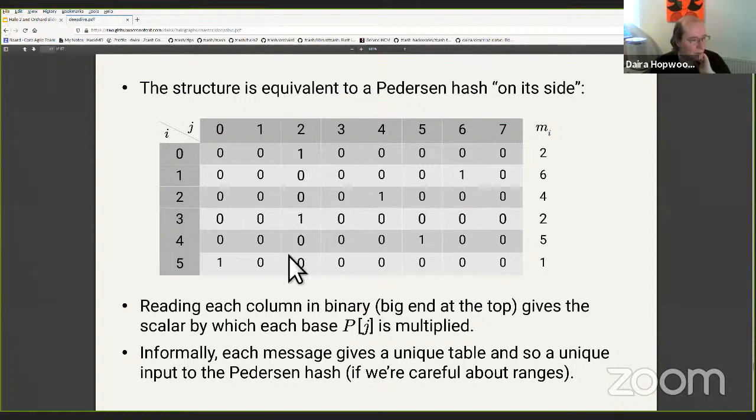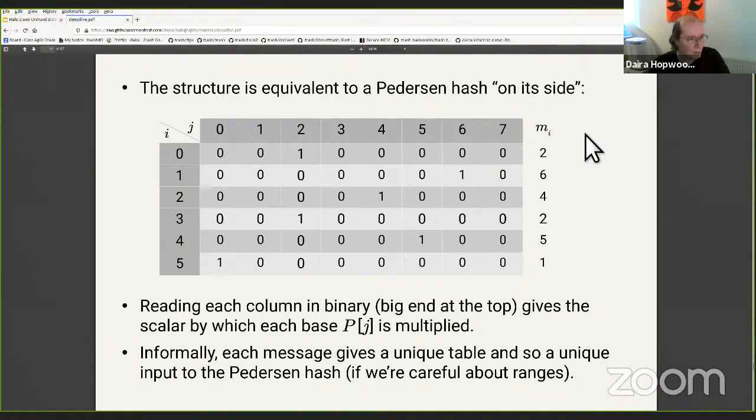So what we end up with is, if we look at these columns, we end up multiplying the 0th base by 0, 0, 0, 0, 0, 1, the 1th base by 0, the 2th base by 1, 0, 0, 1, 0, 0, and so on.